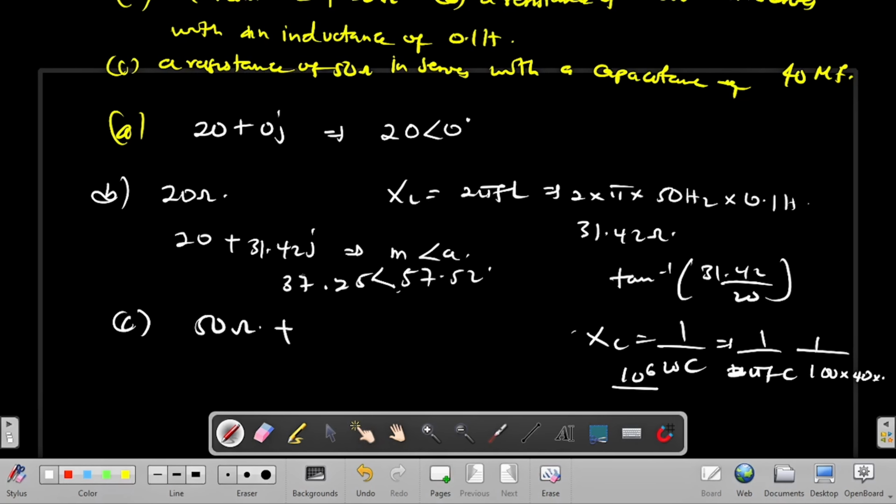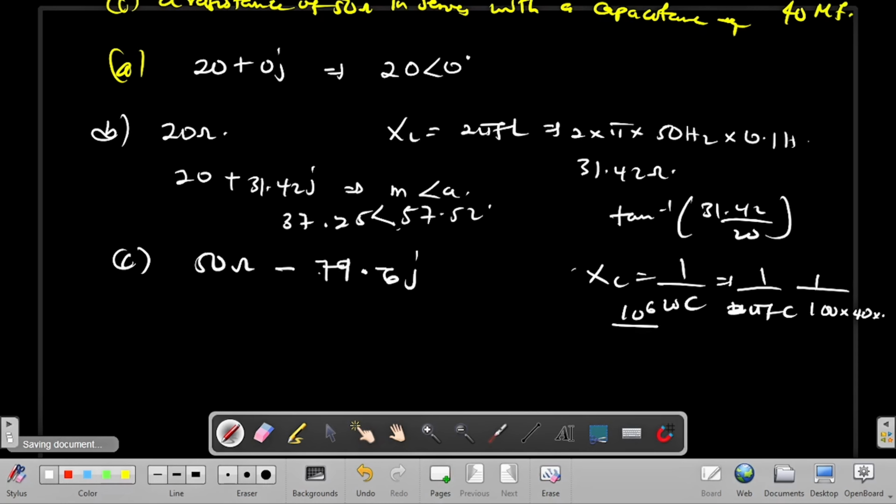When you find your capacitive reactance, you're supposed to get 79.6. So it is 79.6 j. Please, the sign becomes negative because we are dealing with capacitance, not positive. So I introduce my negative, right?